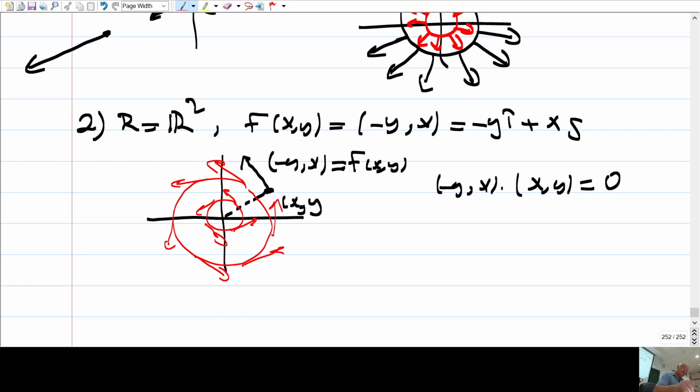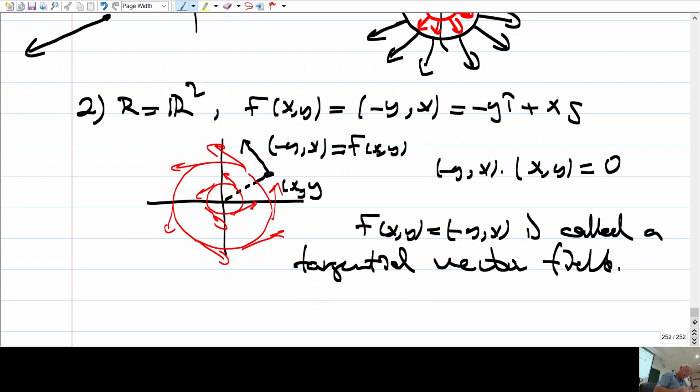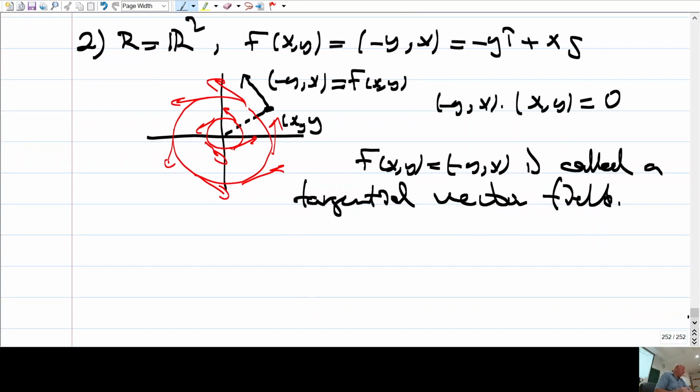That's why this is called a tangential vector field.